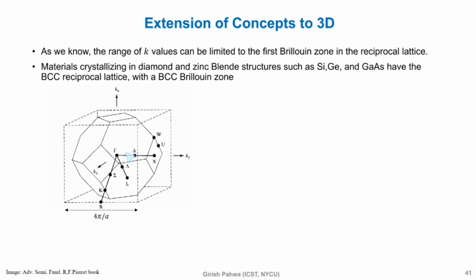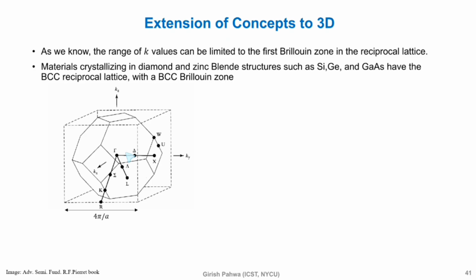Okay, now when we talk about the conduction band minimum and valence band maximum, what kind of points are we looking for? We are looking for maximum energy and minimum energy points, right?